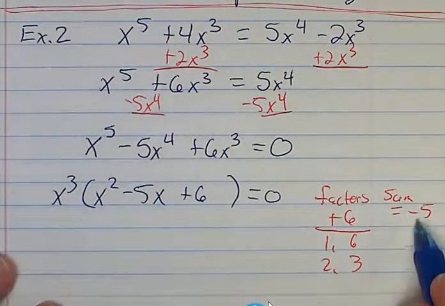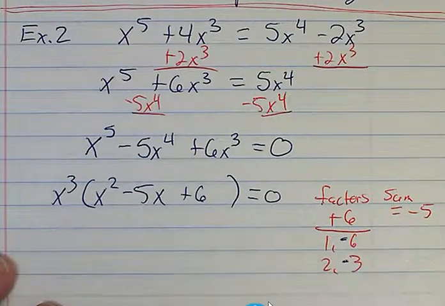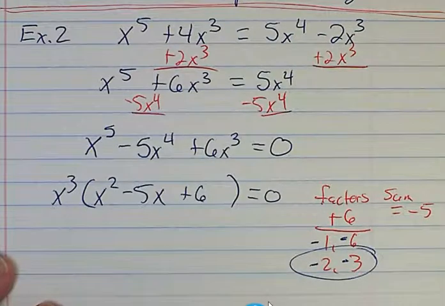So if this is a negative 5, the bigger number has to be negative. And if we multiply to a positive, that means the other number has to be negative too. So they both have to be negative, so that means it's going to have to be 2 and 3.